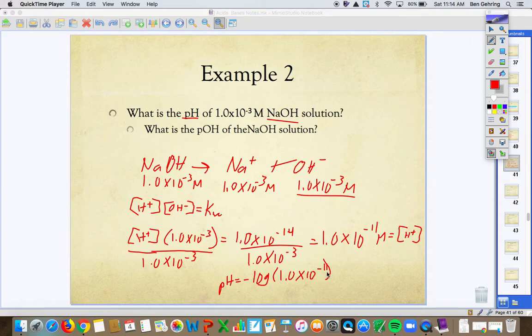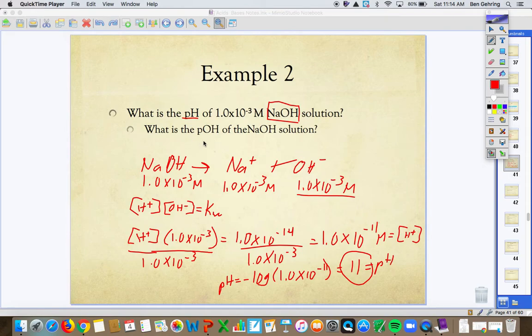And if I do this, I should come out to a pH of 11. Because this is a 1 and this is my negative 11, so that's going to go to the front. So this pH should be 11. You'll notice this is a basic solution, pH greater than 7, and we're talking sodium hydroxide, which is a base. It's got OH on the end, that's a base. So my pH is going to be 11.